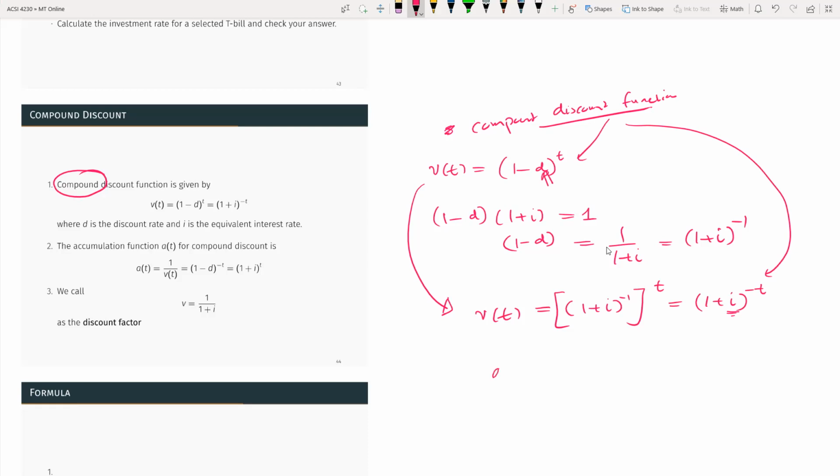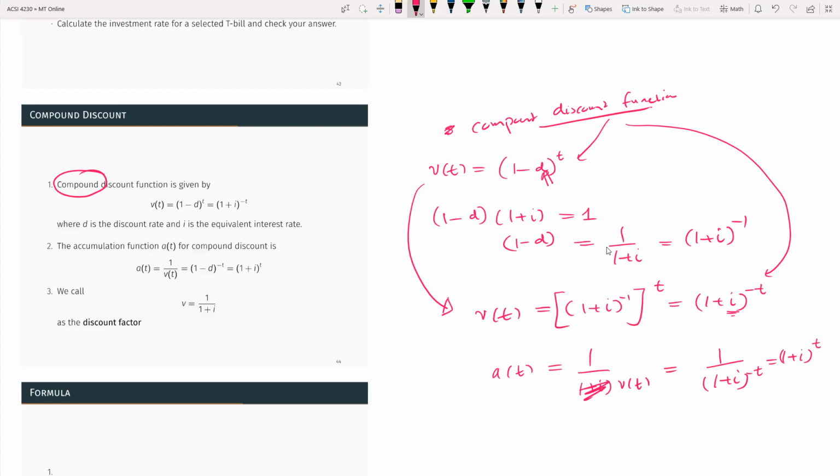Then I can write the accumulation function, which is basically 1 over Vt. That is going to be 1 over 1 plus i to the power negative t, which is 1 plus i to the t. So it turned out the compound discount function is basically related to the compound interest model. Okay, so compound discount and compound interest are basically related.